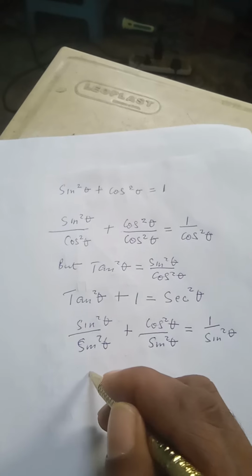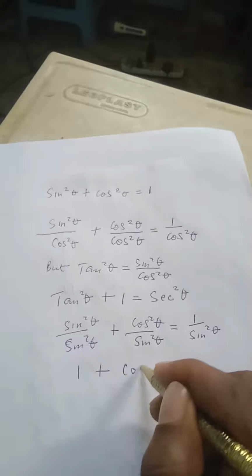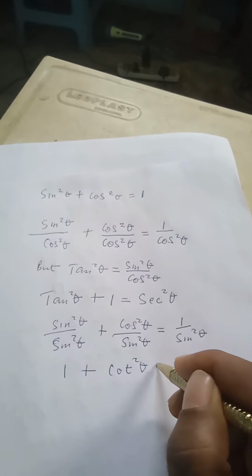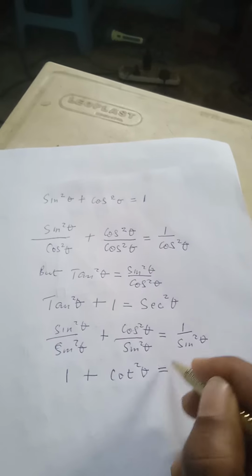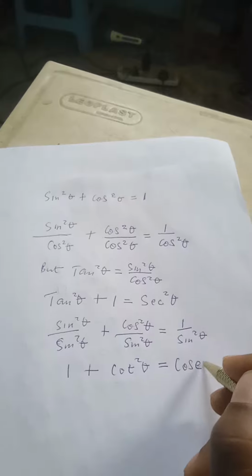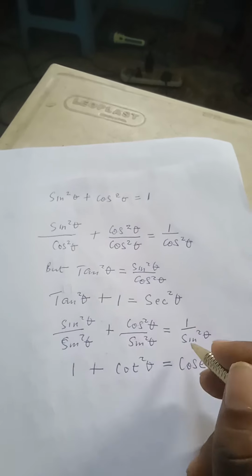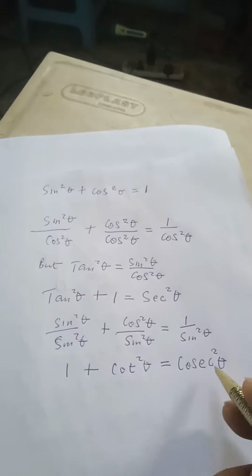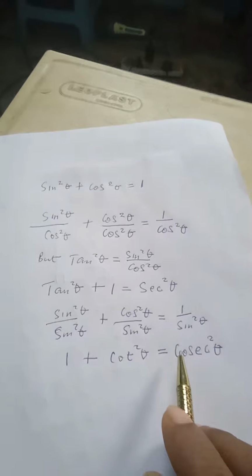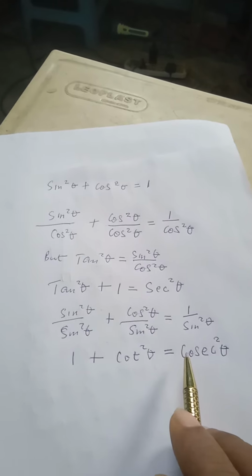This gives us 1 plus cot square theta is equal to cosec square theta, because the reciprocal of sine is cosecant. This is the third identity.